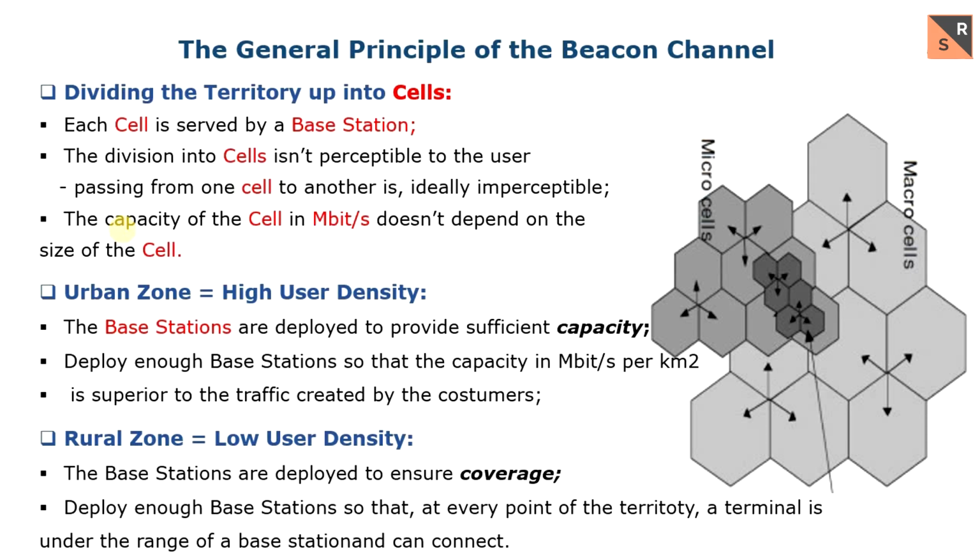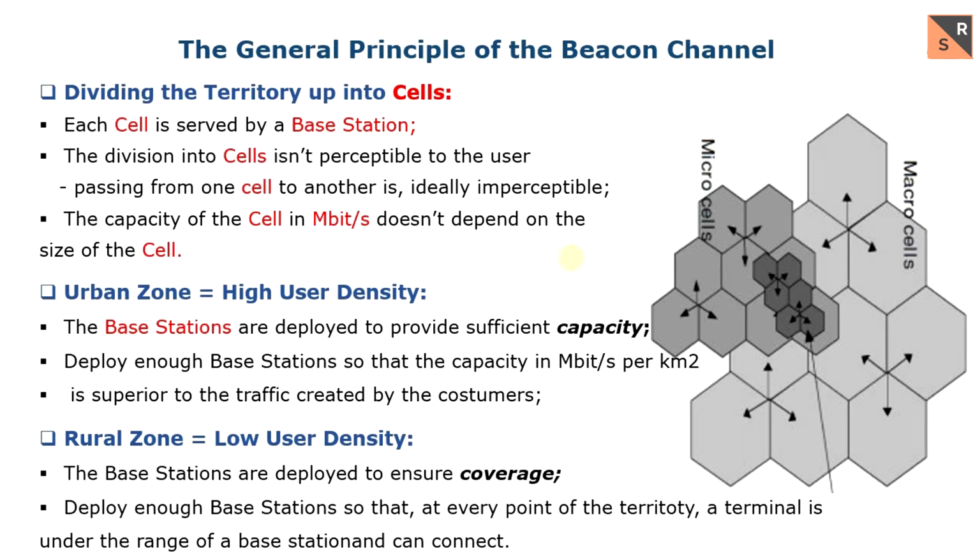That means that the operator, when it has a lot of customers to serve, will deploy a large number of base stations. The area covered by a base station is called a cell, and the cell is smaller. In a suburban zone, it will be a little larger, and in a rural zone, it will be much larger, from several kilometers up to a radius of 10 kilometers.